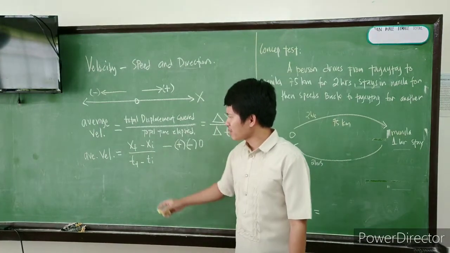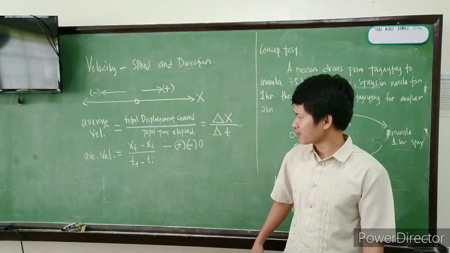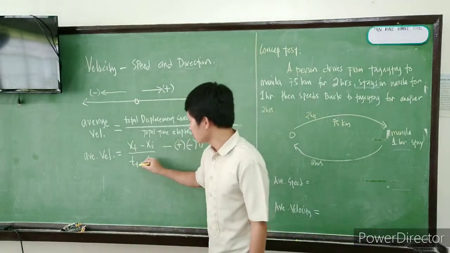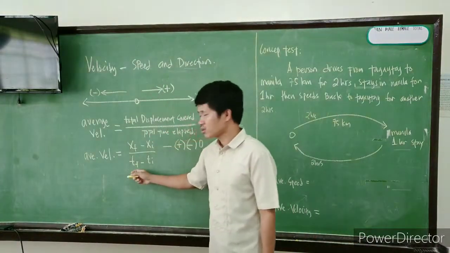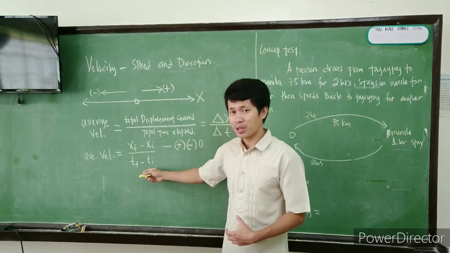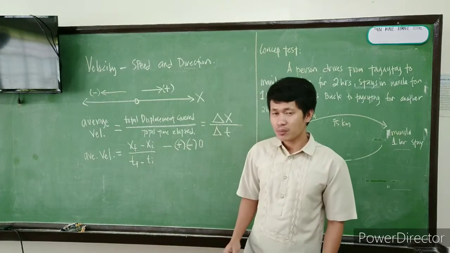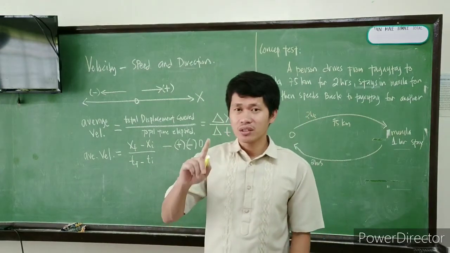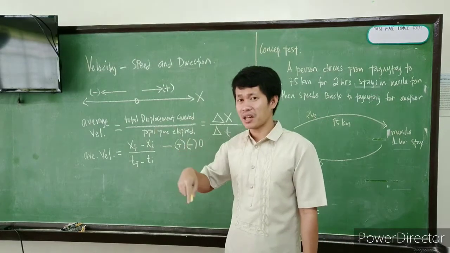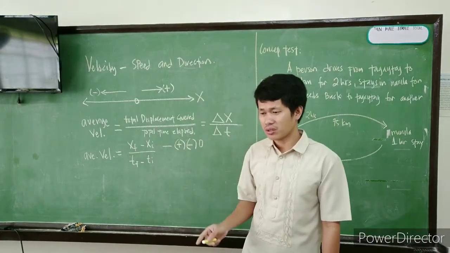While itong time naman, siyempre, time always moves forward. So ang mangyayari, yung final time niya will always be larger than the initial time. Time always moves forward. Yung clock naman, it never goes into the opposite direction.